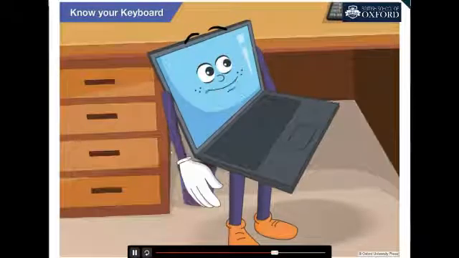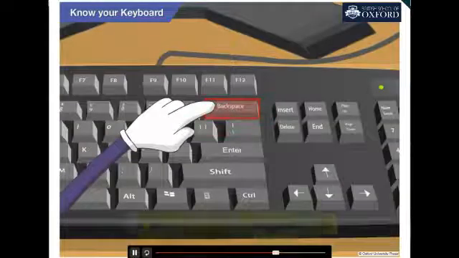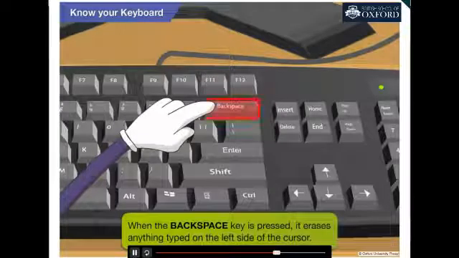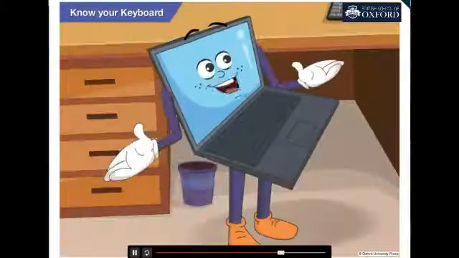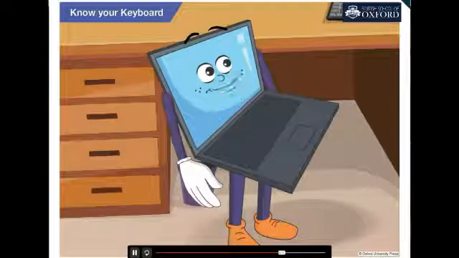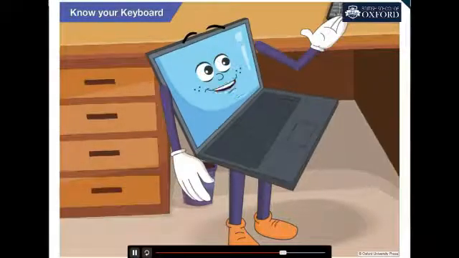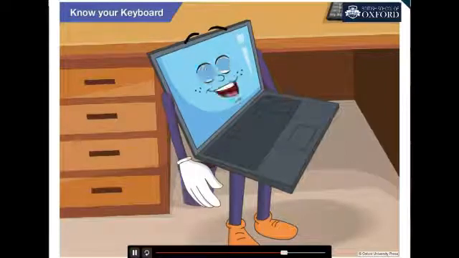Sure, Goggle. That is the Backspace key. When you press this key, it erases anything typed on the left side of the cursor. Really? That's what you did when you pressed the Backspace key to remove the H earlier. Remember? Oh yes!